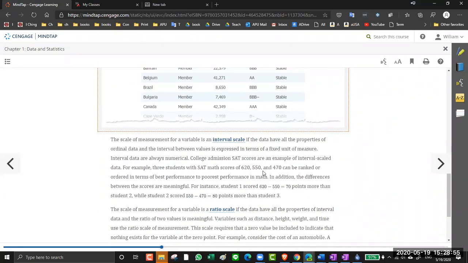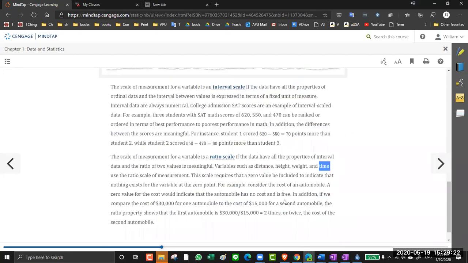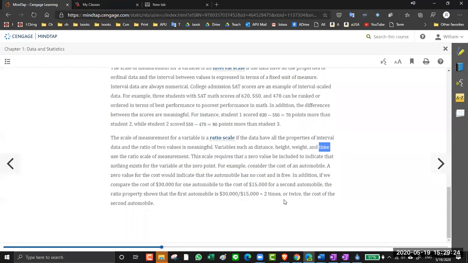But SAT scores are interval, but they're not ratio. Weight is ratio. Height is ratio. Distance and time are all ratio. Okay, all right, so let's have another poll.